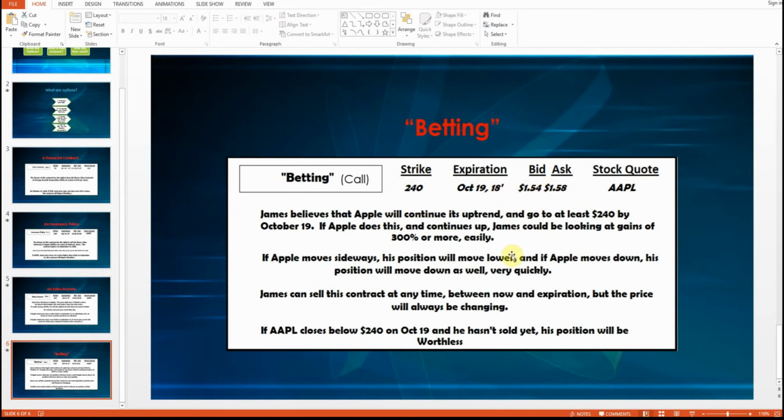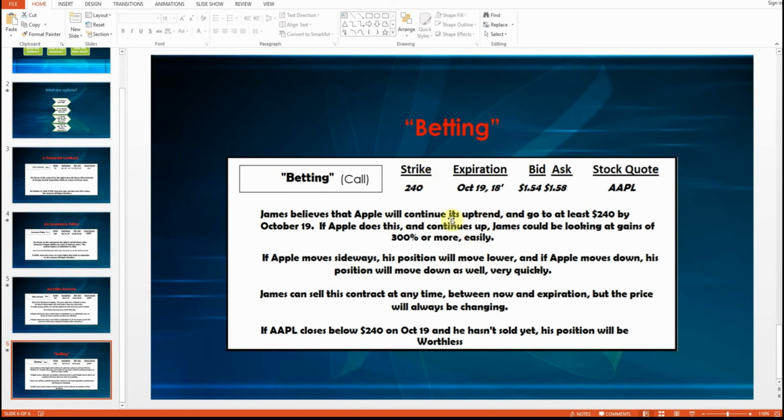Every day that goes by, the price of these will tick down if Apple goes sideways. And if Apple goes down, the price of these is going to go down substantially. The lower the chance of Apple hitting 240, the lower that this financial contract will be worth.